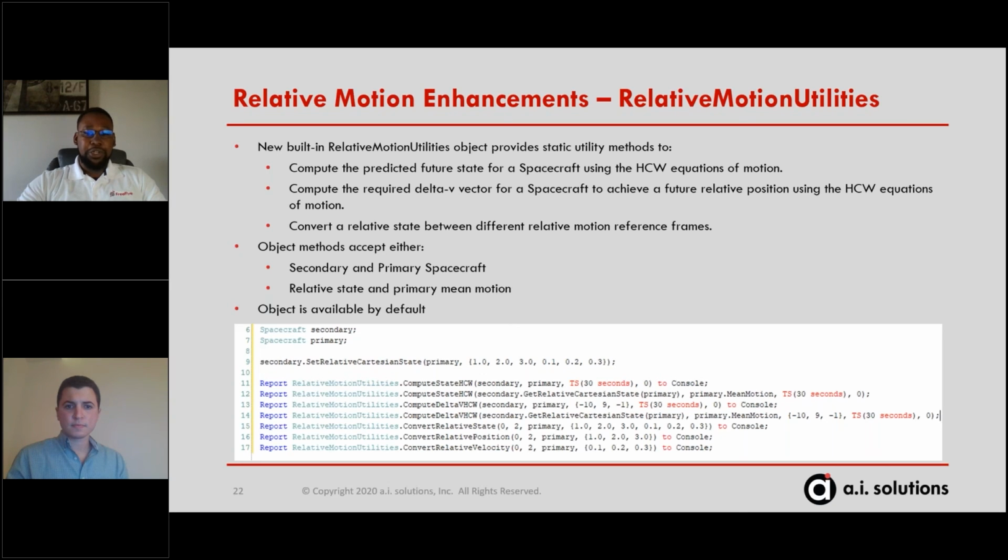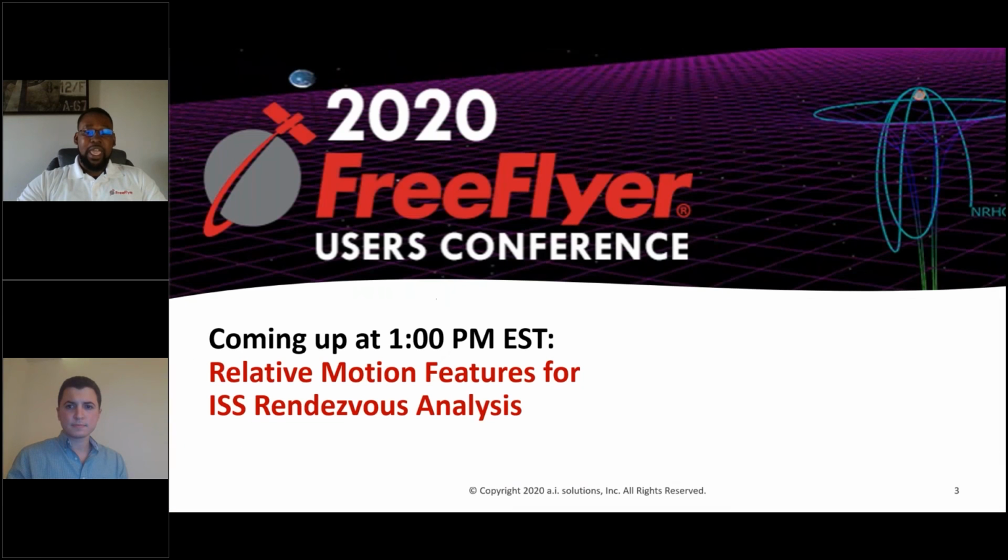When we add new features, we go through a large amount of testing and validation because we always want to ensure that we're putting out a good product that's going to give an accurate answer. So we know that overall it is accurate. And again, depending on the coordinate set that you're using for propagation, you can increase your accuracy.